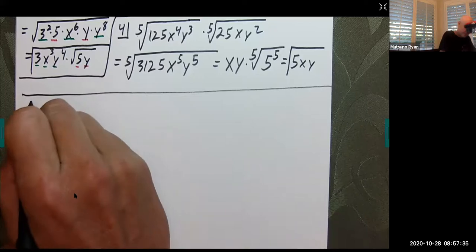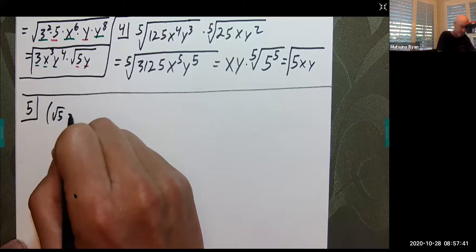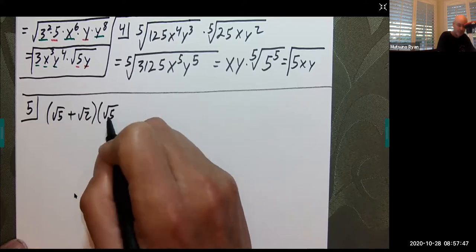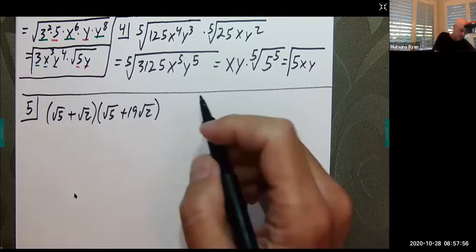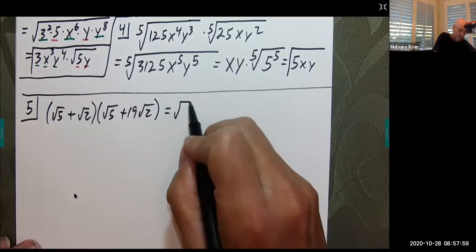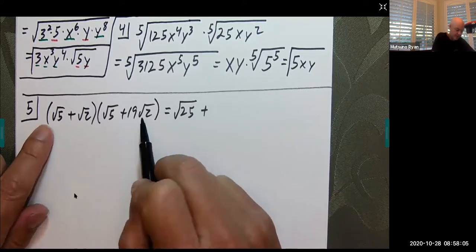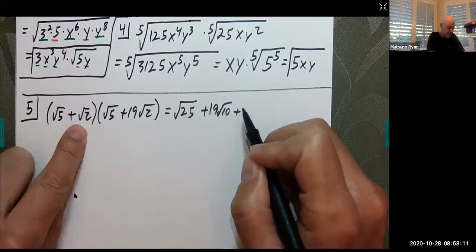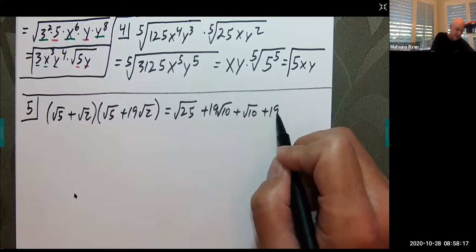Number 5 is multiply. And here we're going to FOIL. So this is the first terms. The outer terms are going to be 19 root 10 plus the inner terms, which are here. That's just going to be root 10 plus 19 root 4.